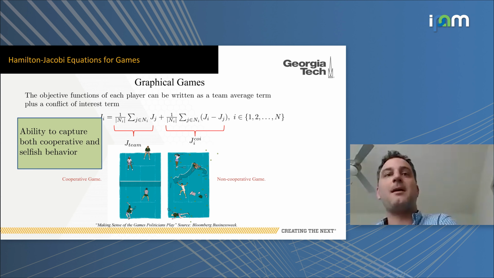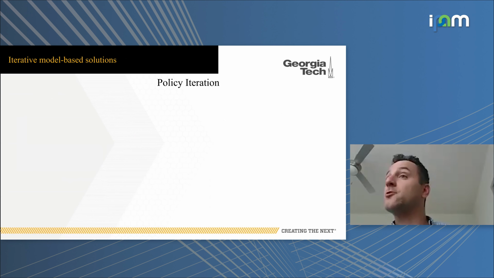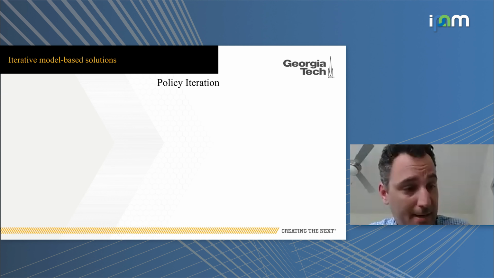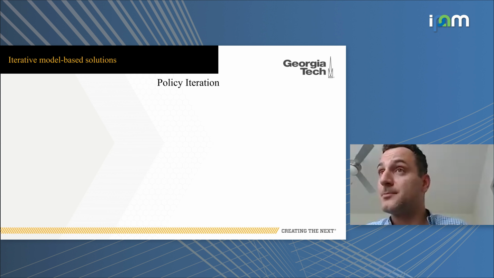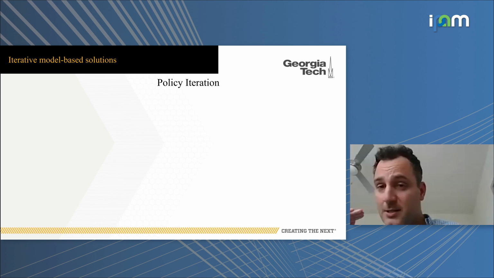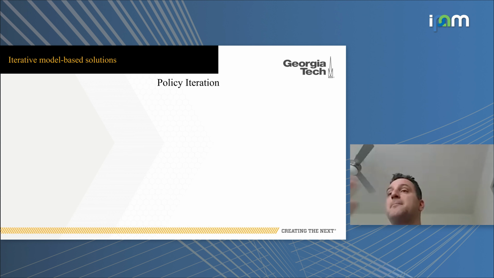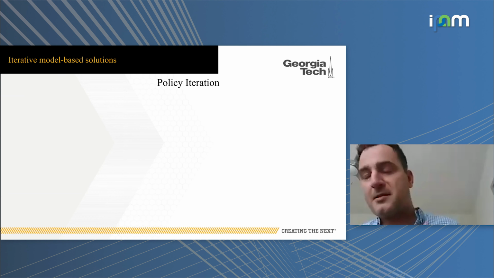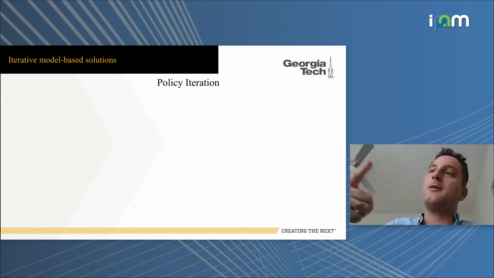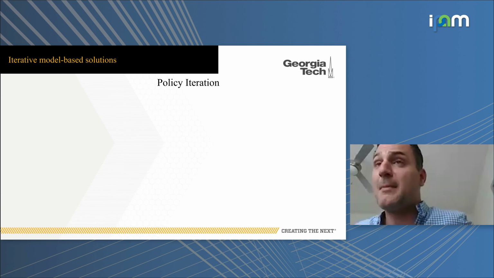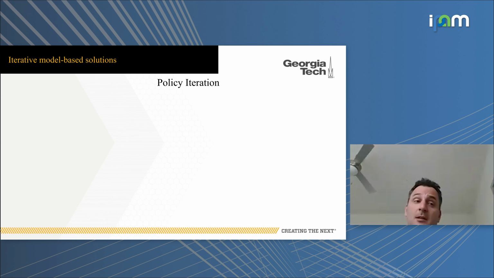So now let's talk about how we will be able to solve such equations. People throughout the years have used policy iteration. Policy iteration is where you start with an admissible policy. What I mean by admissible policy is a policy that provides a stabilizing controller. So let's say that I run my system and I know that pole placement will work, it's stabilizing, and then I want to find my optimal controller in a nonlinear sense.